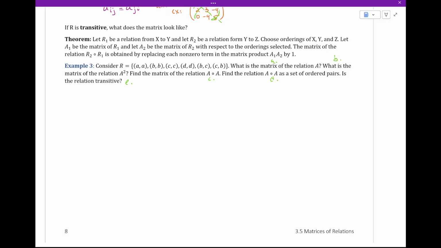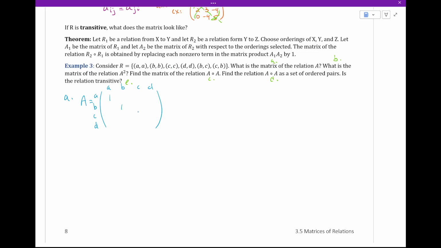Okay, so here we are with A. I want to write down the matrix of relation A. I didn't really specify orderings here, but let's just assume the orderings are A, B, C, D along both the rows and columns. So we're seeing AA, BB, CC, and DD.